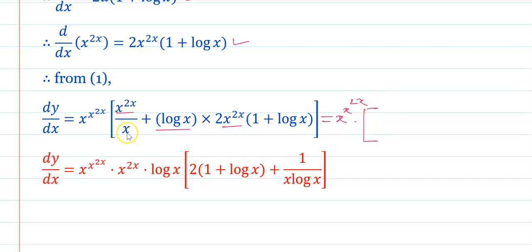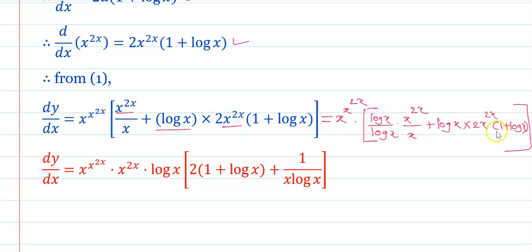This term does not have log of x near it, therefore I will write here log of x upon log of x. Into here x raised to 2x upon x plus here log of x, into 2 into x raised to 2x in bracket 1 plus log x, bracket complete, and then this whole bracket is completed.